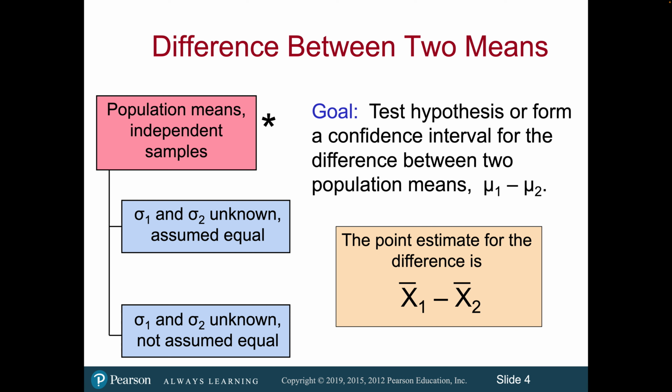Now, what we do is we collect a sample from each of these school districts. For school district A, we would have x bar sub 1, and for school district B, we would have x bar sub 2. So our point estimate for mu1 minus mu2 is x bar 1 minus x bar 2. Now, here's where things get really complicated.